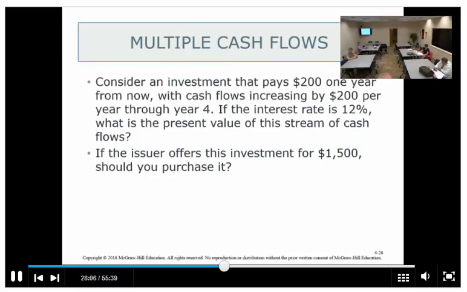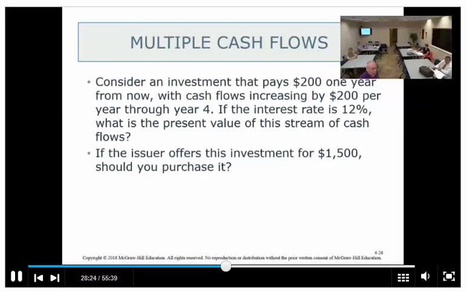Our desired rate is 12%, and again, this investment is going to pay us $200 after the first year, $400, etc.